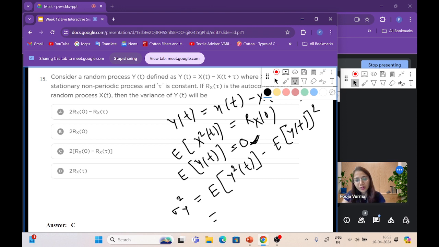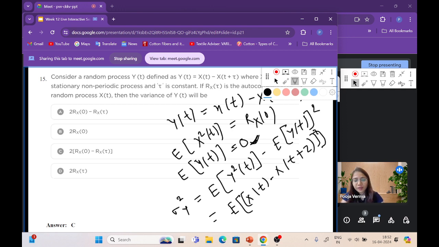Right, now we need to find out the expectation of y square t. So y of t is given, that is (x of t minus x of t plus tau) whole square.